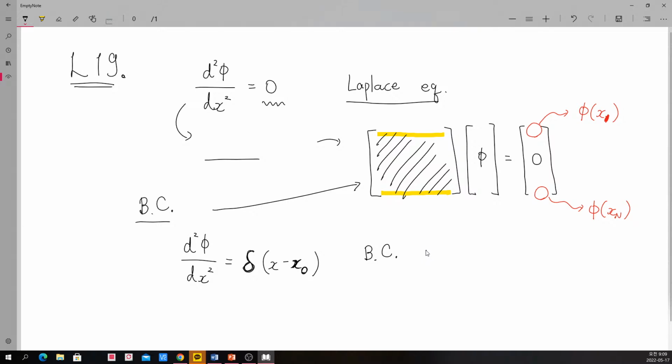Simply speaking, at x equal to 0, that is x1, phi is vanishing. Also, at the last one, the length L, corresponding to the last node x sub n, phi is also vanishing. Okay.